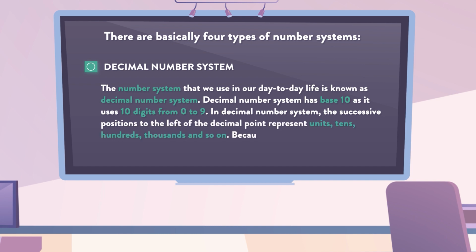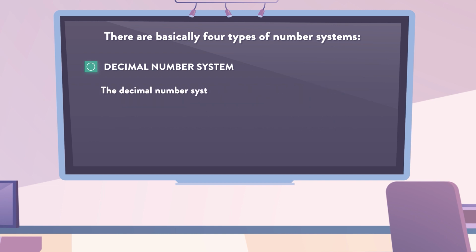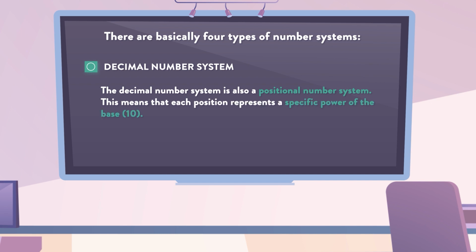In this, the successive positions to the left of the decimal point represent units, tens, hundreds, thousands, and so on. Because of the 10 digits in this number system, its base or radix is 10. It is also a positional number system. This means that each position represents a specific power of the base, which is 10.